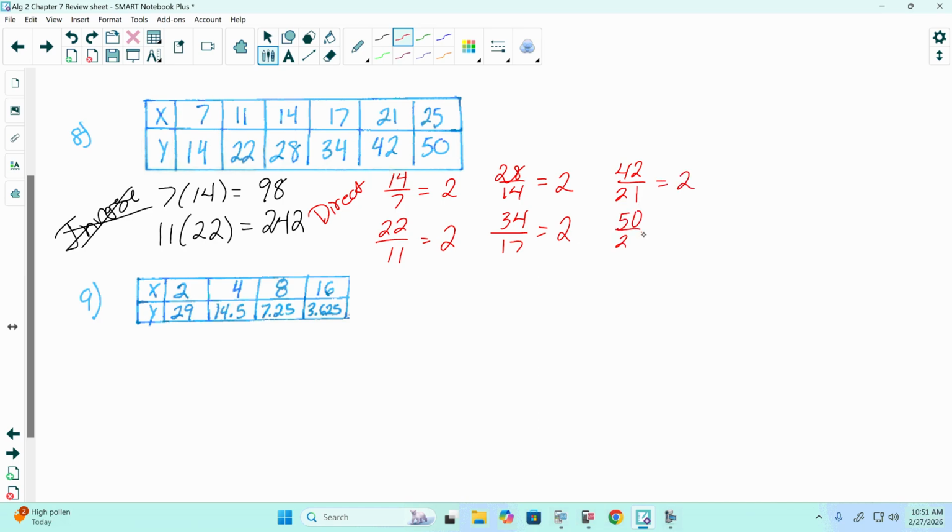And lastly, 50 divided by 25 is 2. Since we got the same value for every single pair, we know it has to be direct.